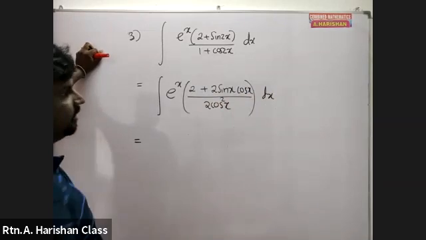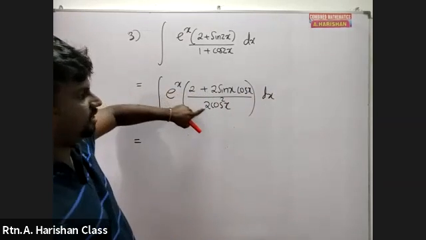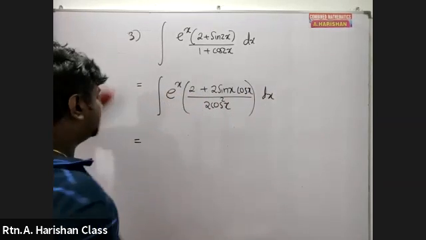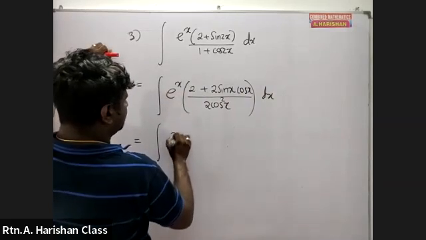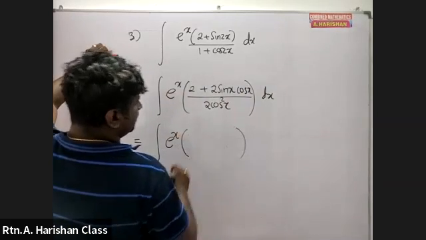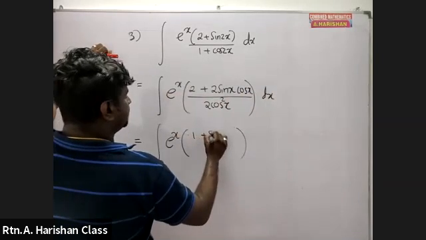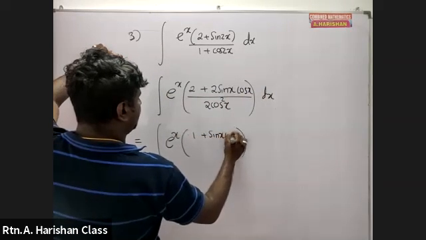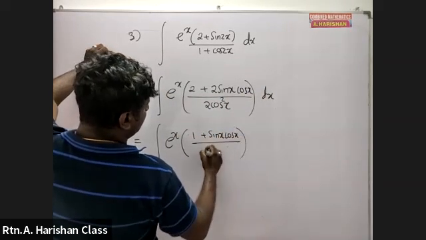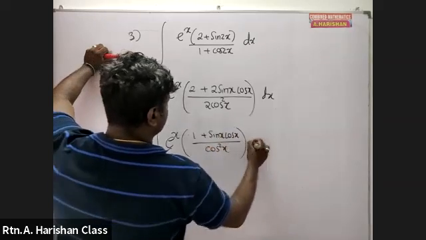So this 2 and this 2 will be cancelled. So you have e to the power x into 1 plus sin x cos x over cos square x dx.